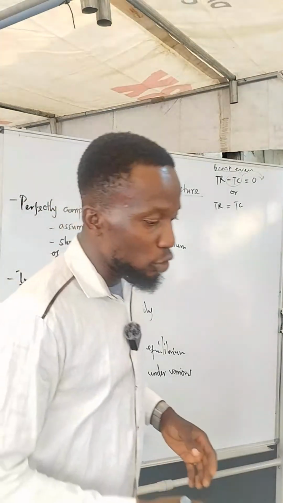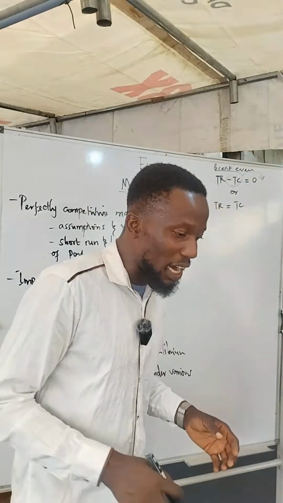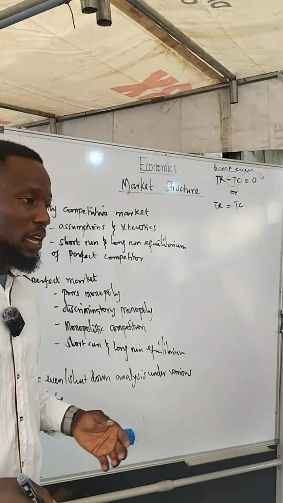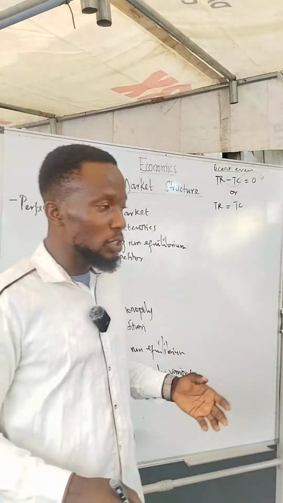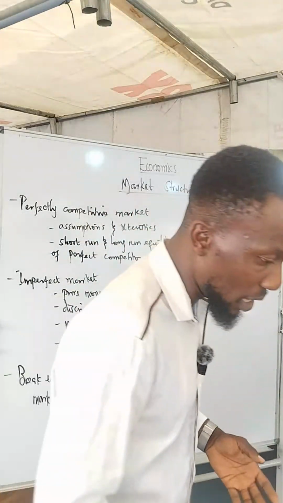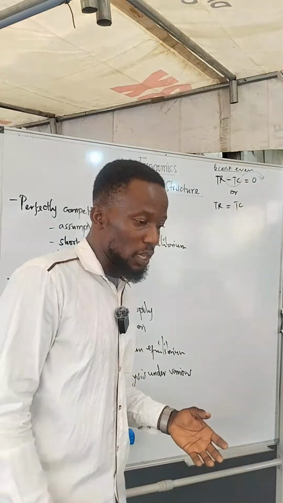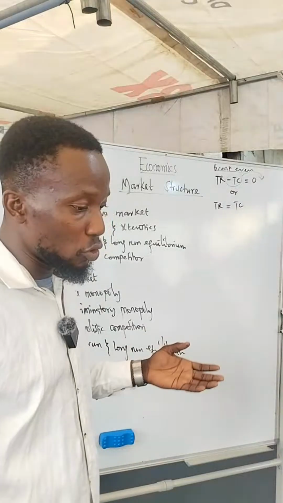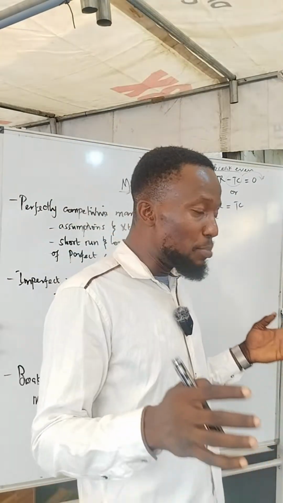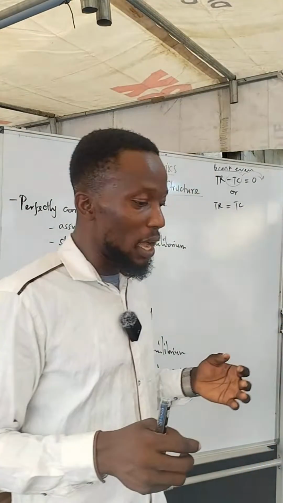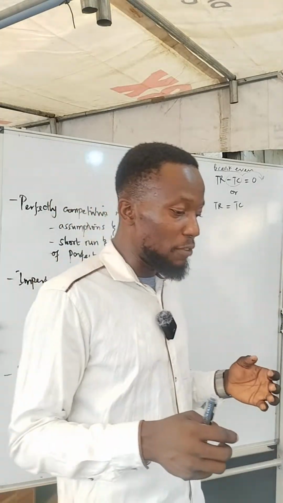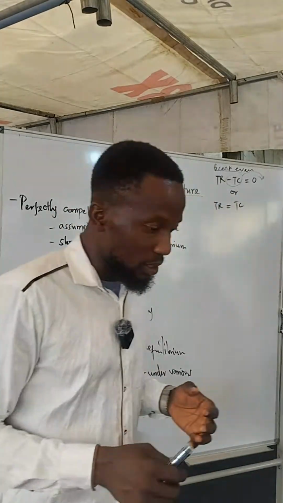The next one is that you should be able to analyze the assumptions and characteristics of an imperfect market. You should also be able to differentiate between the long run and short run equilibria of imperfectly competitive markets.